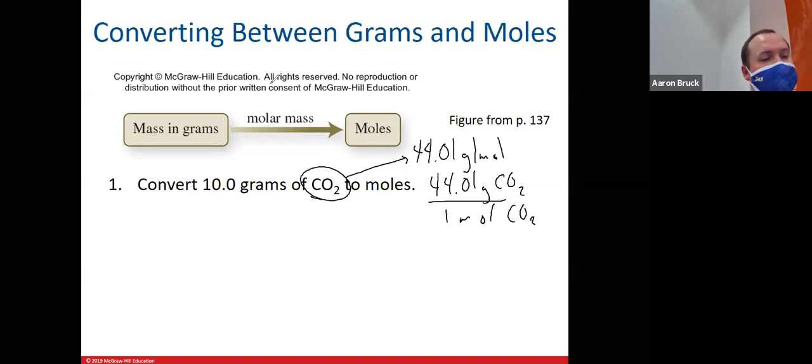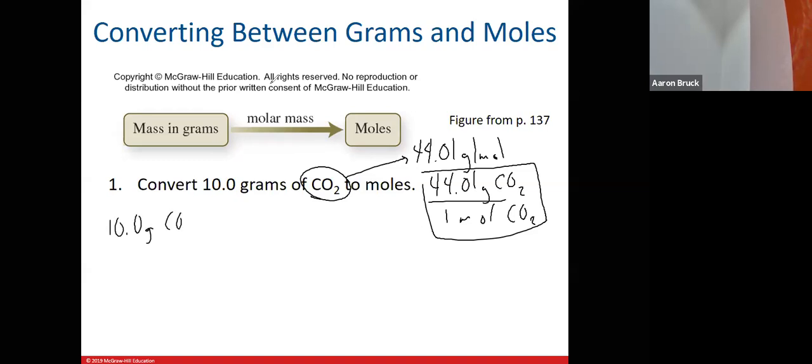So in a question like this, convert 10 grams to moles, this conversion is what we would use. 10.0 grams of carbon dioxide is where we start. Since we have grams of carbon dioxide already in our numerator, our conversion would put them into the denominator, 44.01 grams of carbon dioxide in 1 mole of carbon dioxide.